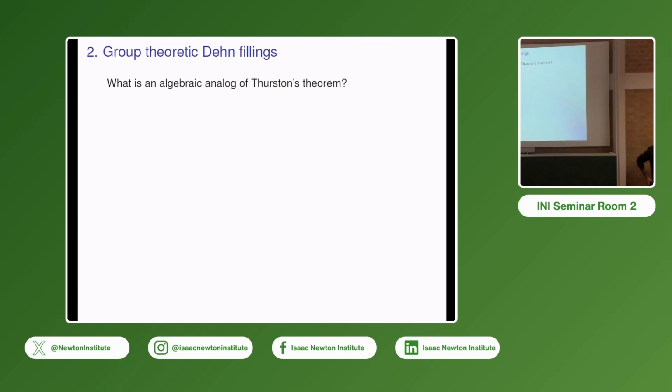So what is an algebraic analog of Thurston's theorem? In Thurston's theorem, we know that the fundamental group of the manifold is G. It has a boundary which is a torus, so its fundamental group is isomorphic to Z squared.